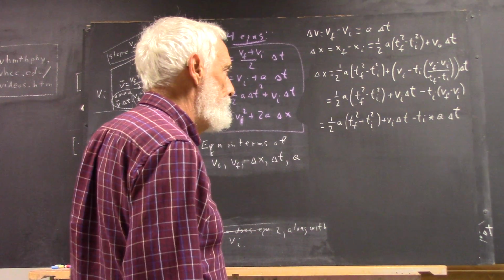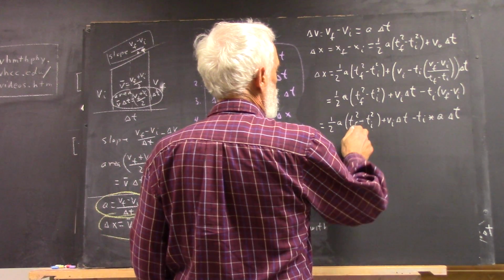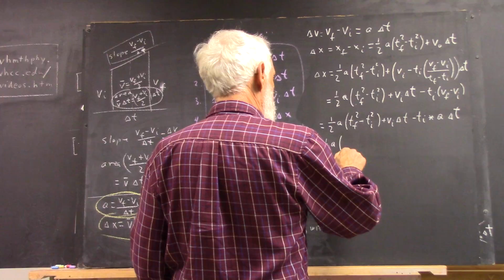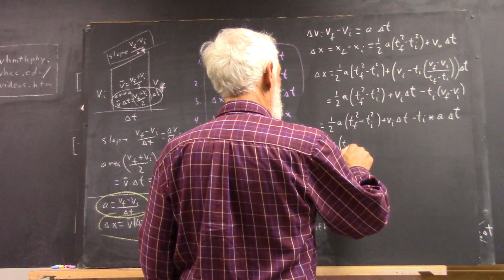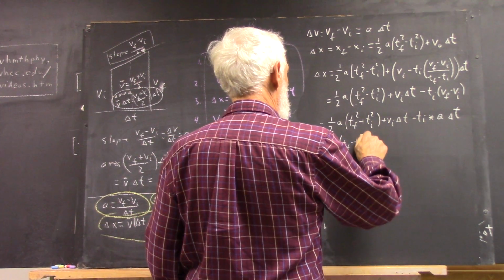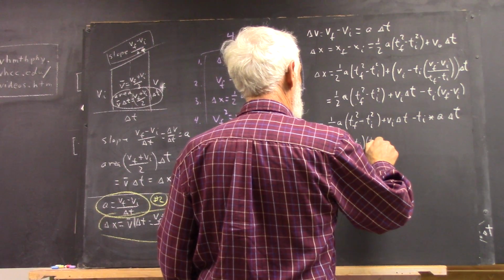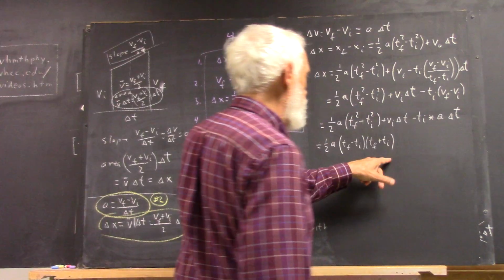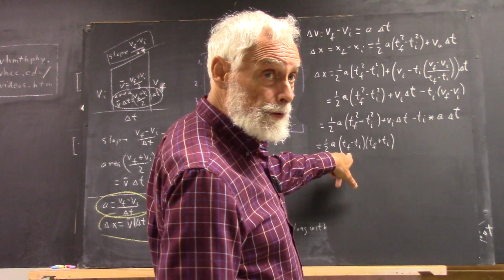Okay? Now, just to help us out, and I should have factored this in this step, but factor this, and of course you see we've got a delta T here.